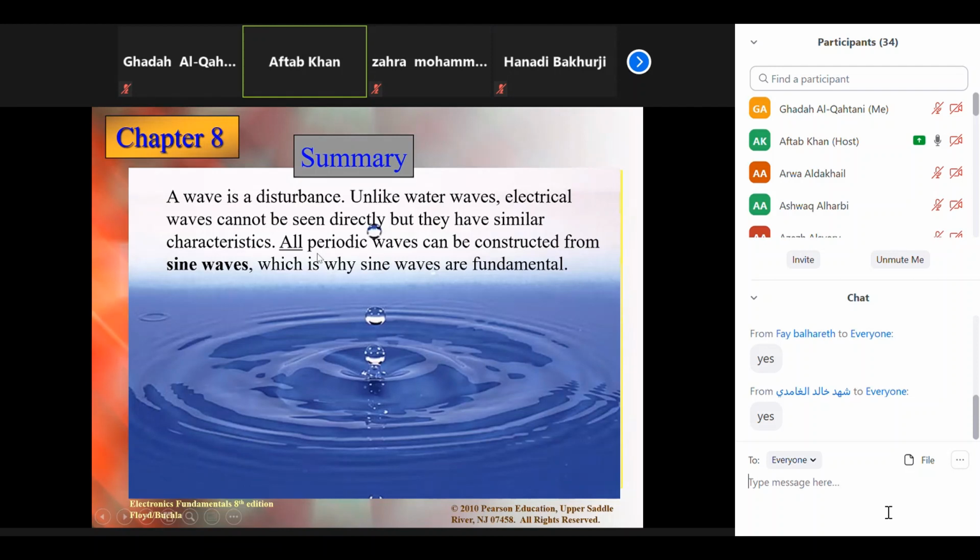At the end of the chapter, I'll show you how with the help of the sine wave we can construct other periodic waveforms. So sine waves are fundamental waveforms, and by using the sine wave, we can generate other types of waveforms. I'll show you at the end of this chapter.